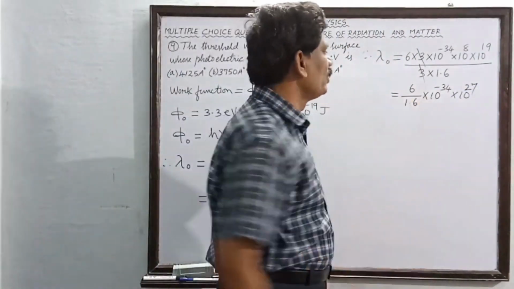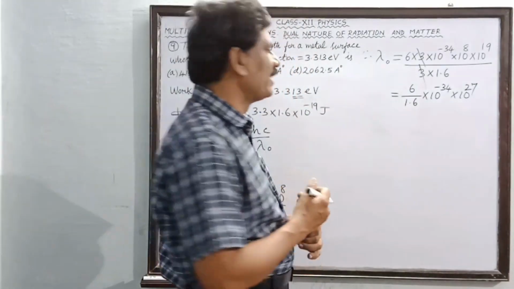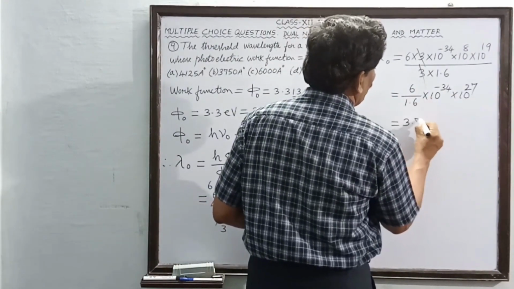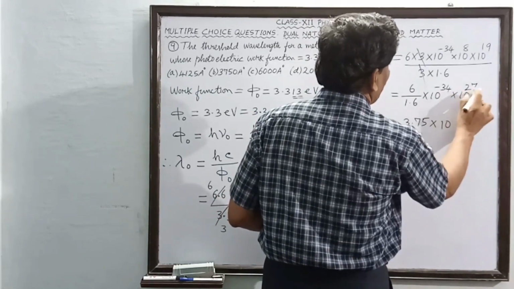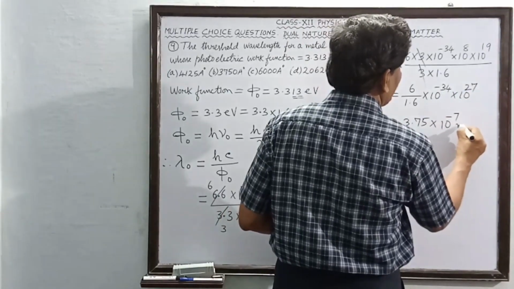If you take the ratio, 6 divided by 1.6 is around 3.8, I think 3.75 will come. So 3.75 into 10 to the power of minus 34 into 10 power 27 will give you minus 7 meter.